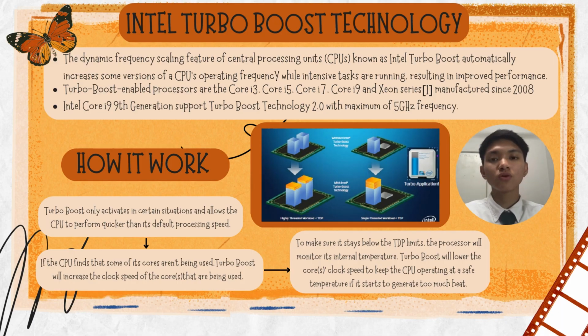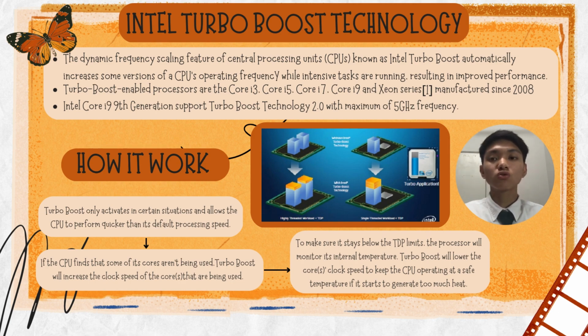After that, I'm going to tell you guys about Intel Turbo Boost technology. Number one, the dynamic frequency scaling feature of the Central Processing Unit (CPU), known as Intel Turbo Boost, automatically increases some versions of a CPU's operating frequency while intensive tasks are running, resulting in improved performance.